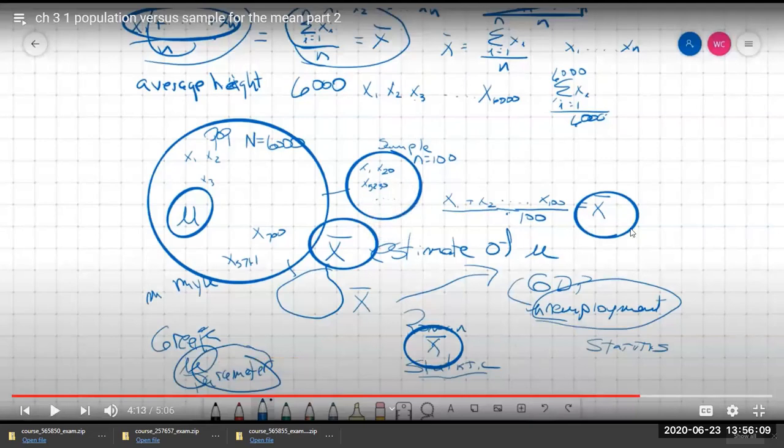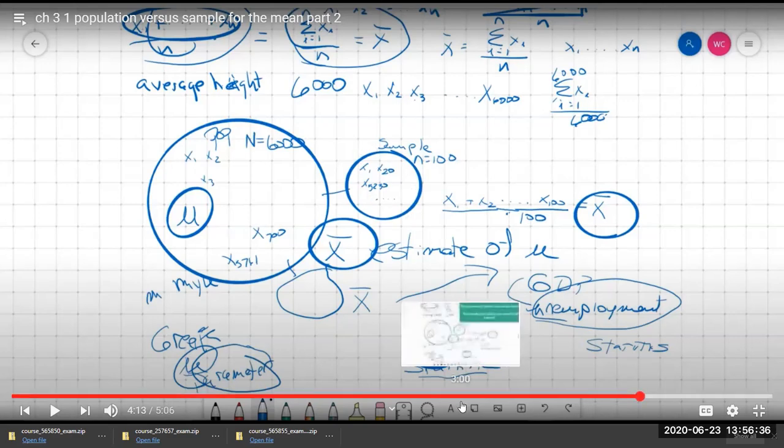Okay, so the point is, what do we call things that come from the population? Sample. Okay, samples come from the population, but when we calculate some characteristic of the population like mu, what do we call it? Parameter. When we calculate something from the sample, what do we call that? Statistic.